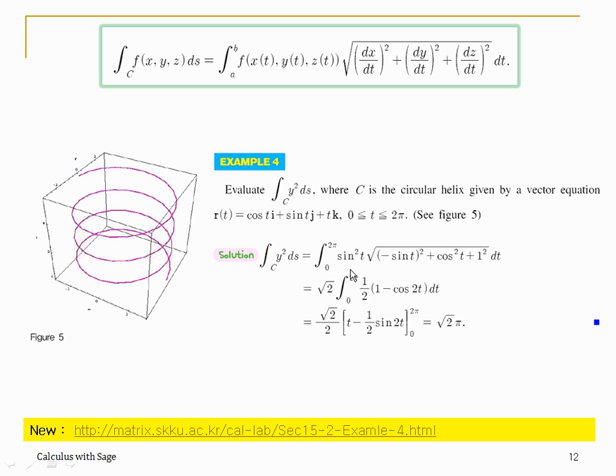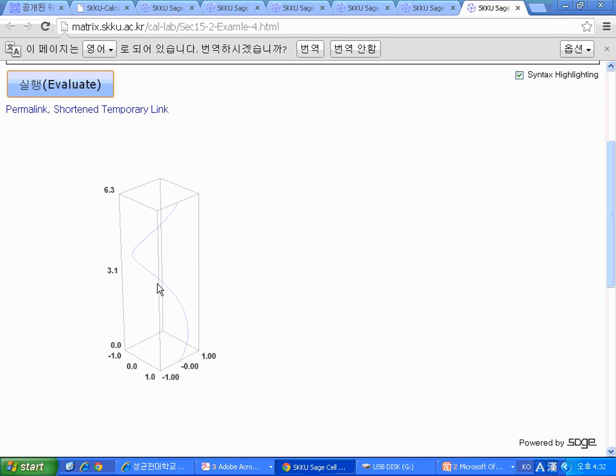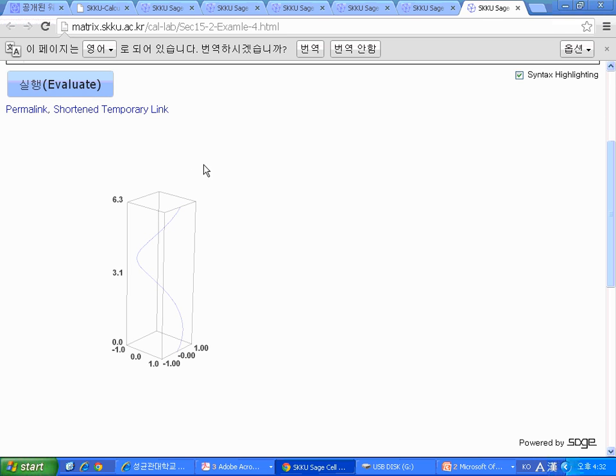Now we have the integration of a single variable like this. We simplify, and this simple calculation gives us square root of 2 times pi, which you can check here. So plot the domain first and do the line integral of y squared. This is from 0 to 2 pi.